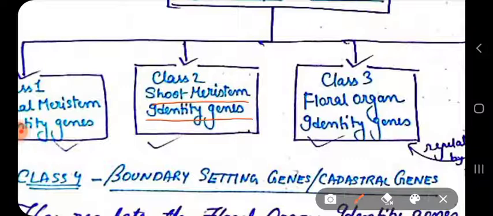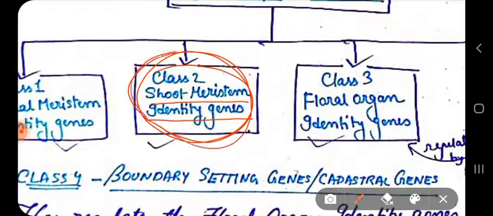The shoot meristem identity genes maintain the identity of the shoot rather than flower. So if the shoot meristem identity genes get expressed at a much higher rate, then your flower will not develop. Only shoot will develop because they are maintaining the identity of the shoot meristem. It represses the flower development.